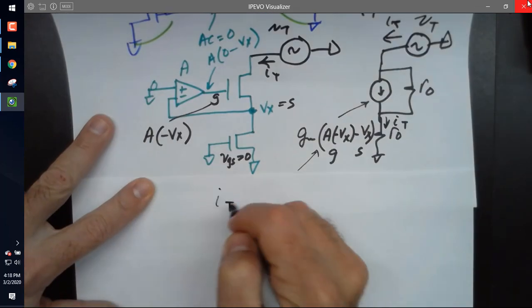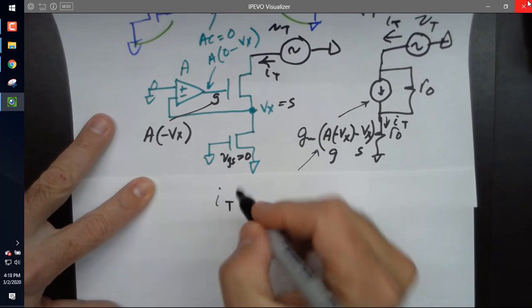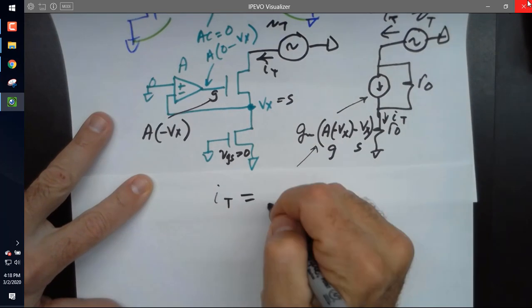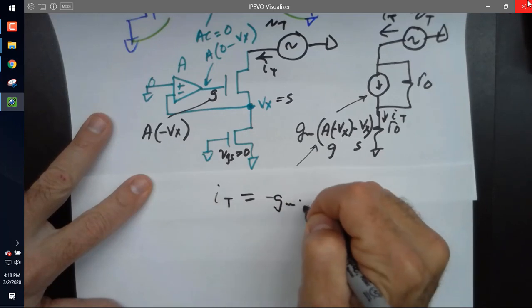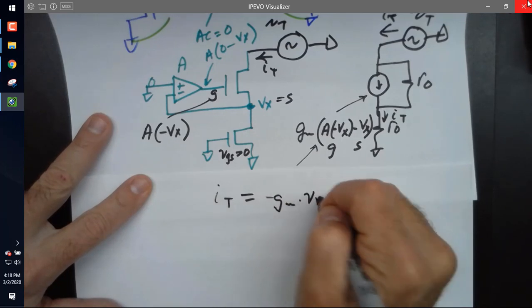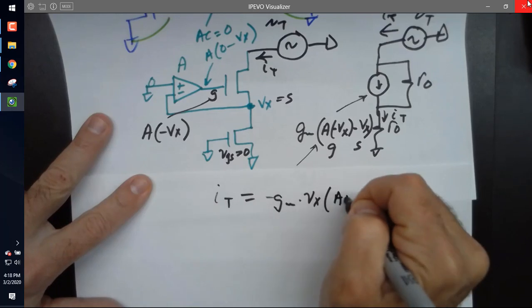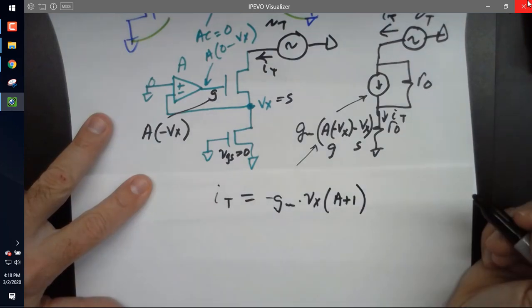So the I test is going out, and coming in is minus GM times Vx times A plus 1. Just rewriting it a little bit.